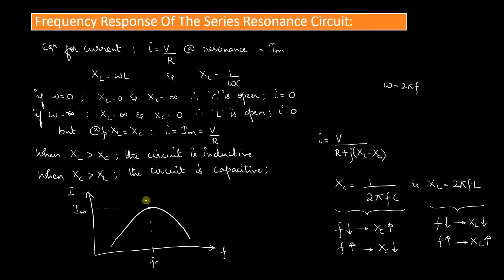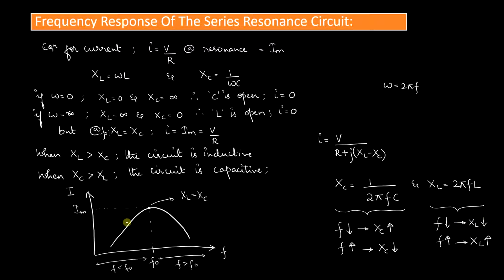Now what about this case? Because I know at this point it is XL equal to XC, right? So what about this region, that is when f is less than f naught and when f is greater than f naught. When f is less than f naught, you can see from these expressions that the capacitive reactance is higher and the inductive reactance is lower.